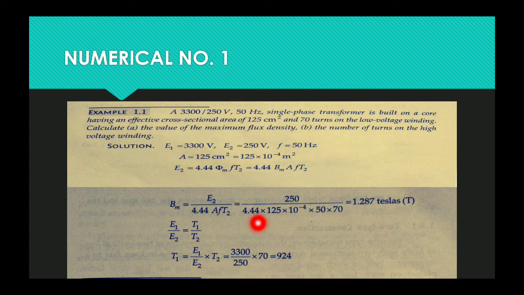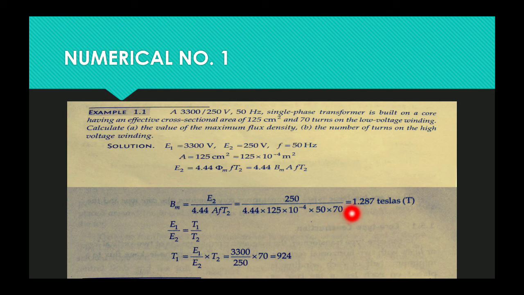That means here it is a step down transformer. You can see here it's a step down transformer because the primary voltage is 3300 volt and secondary voltage is 250 volt. So the secondary winding, that means the low voltage winding, number of turns is 70. So T2 equals to 70.